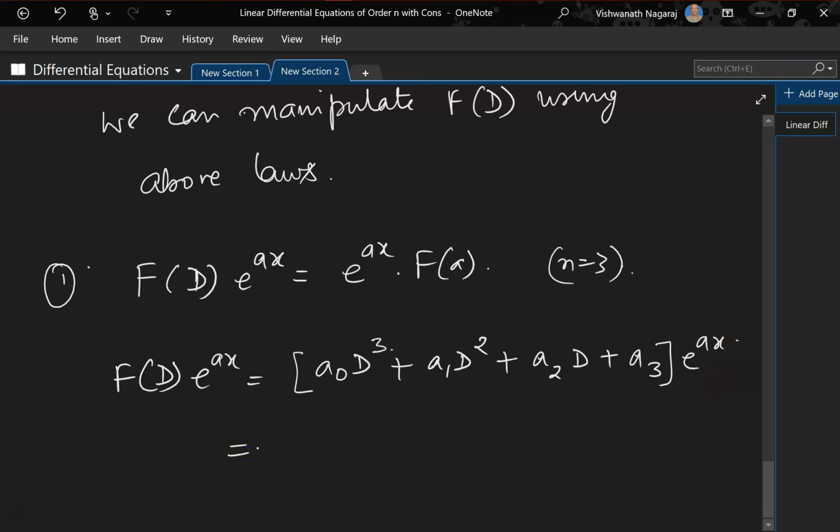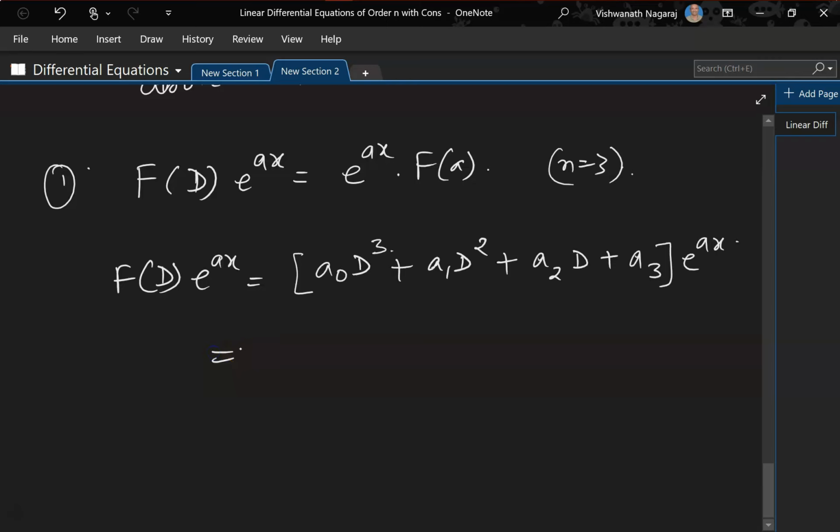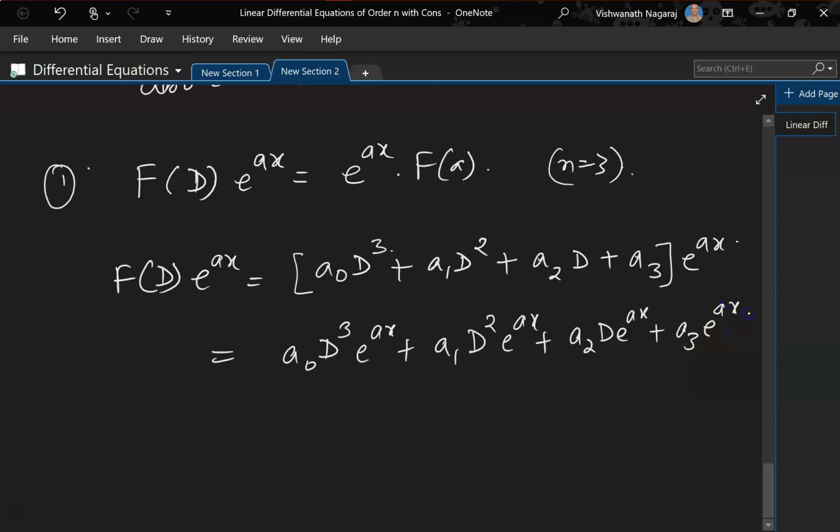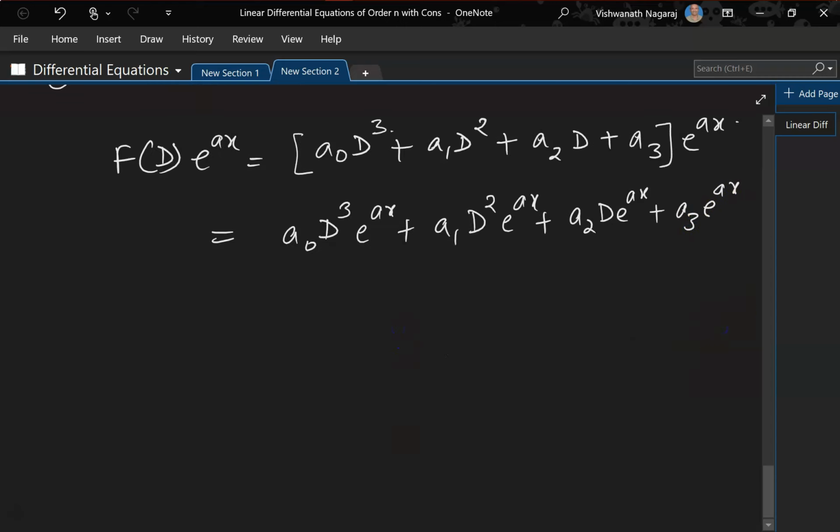Now this is equal to, let's distribute e^(ax). So a naught D^3 e^(ax) plus a1 D^2 e^(ax) plus a2 D e^(ax) plus a3 e^(ax). Now let's take one by one.